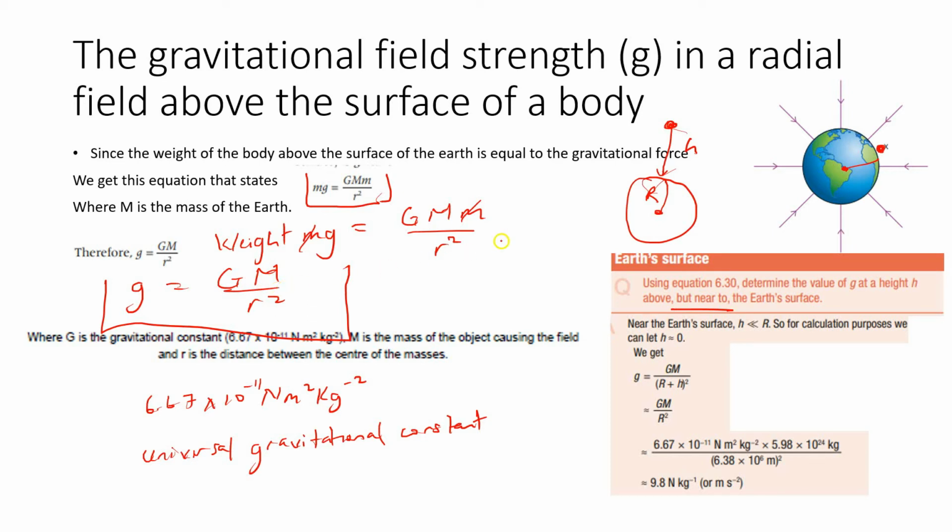So in this event, if I have an object at point X, and I want to know the gravitational field strength that is acting on the object, the Earth has its own gravitational field lines coming inwards like this, right?